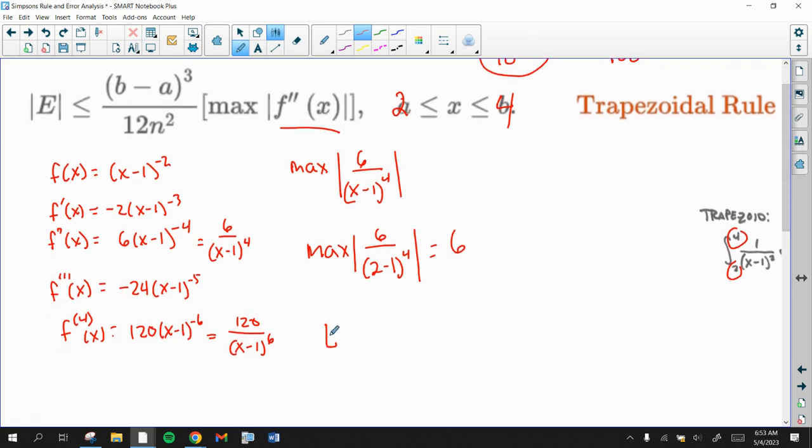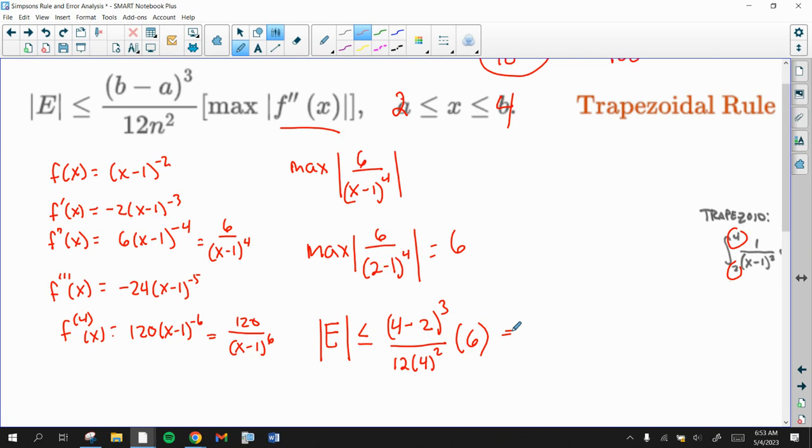The error of our approximation, and plus or minus, so we're going to use absolute value, has to be less than (b minus a) cubed over 12. We used 4 intervals, so times 4 squared, times the maximum value that derivative can be, which we just calculated to be 6.